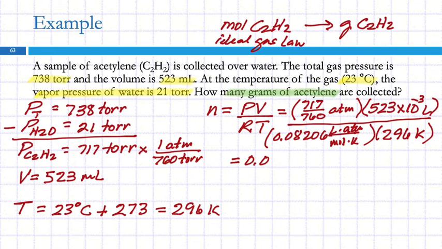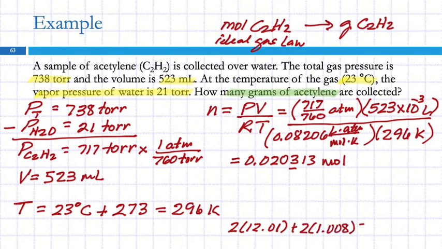So this is 0.020313 moles. Need to calculate the molar mass of acetylene. So I want the answer in grams, so I'm going to multiply by grams and divide by moles.